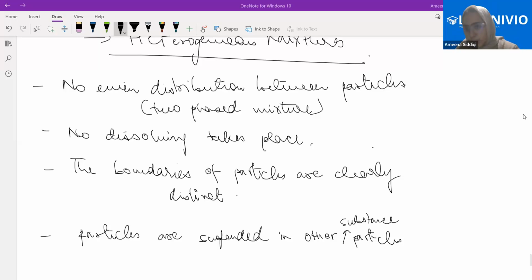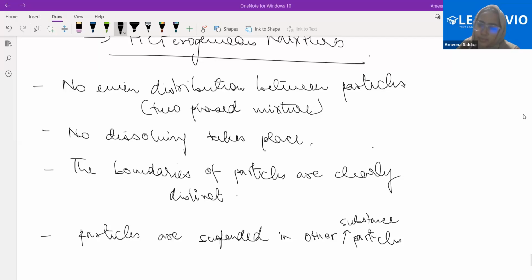Chemical bonding. And in what mixture does chemical bonding exist? Compound is a mixture? Homogeneous mixture. Salt and water, does chemical bonding take place?